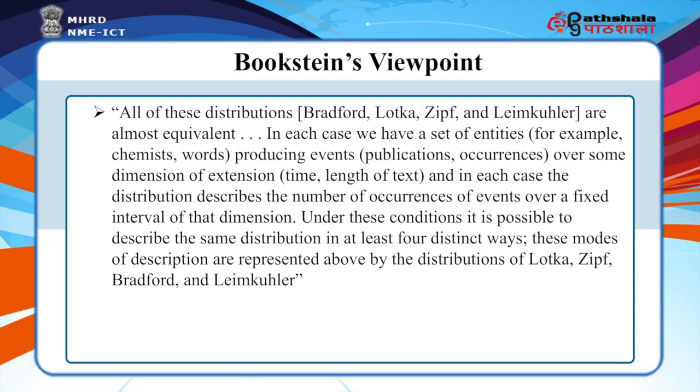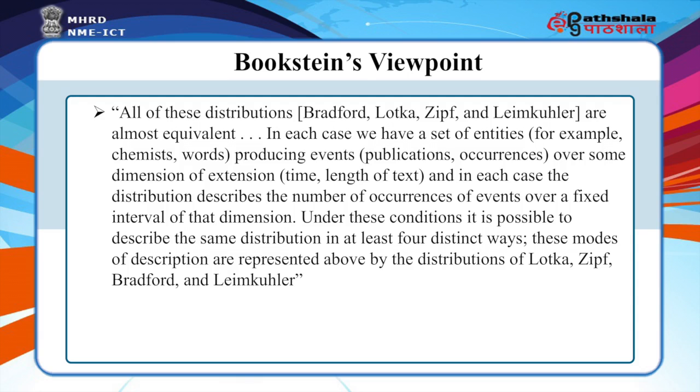"All of these distributions are almost equivalent. In each case, we have a set of entities, for example, chemists, words, who produce events, publications or occurrences, over some dimension of extension, a time or a length of text.